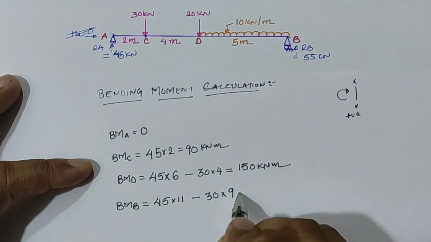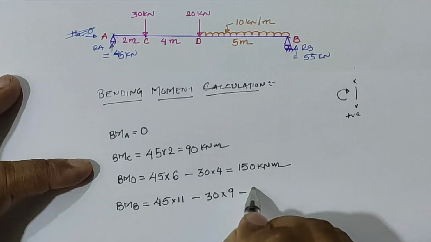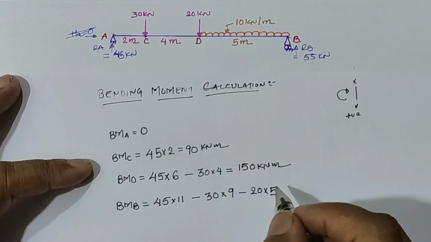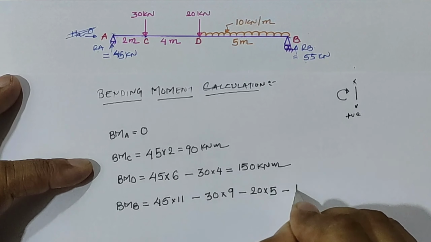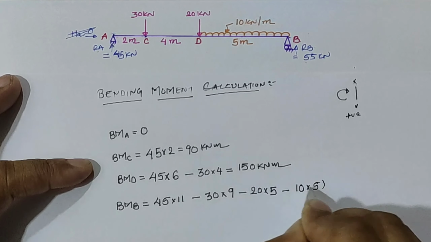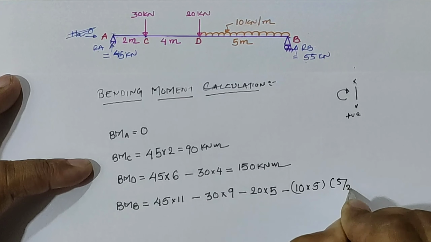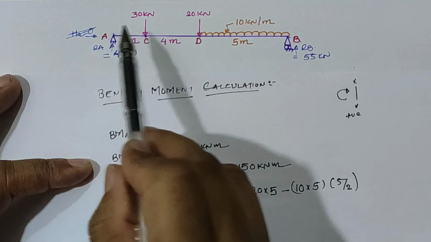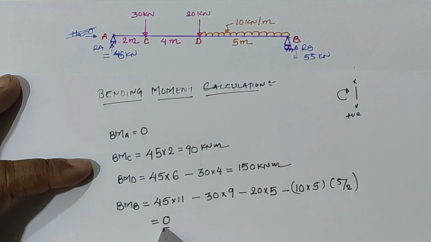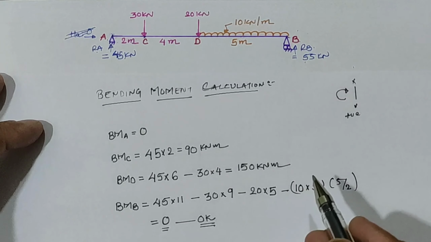For the 20 kilonewton load it is 20 into distance 5, and for the UDL the moment is total load into distance by 2. If we calculate the value, then the answer is 0, and according to the rule, at the left hand and right hand end of the beam our value must be 0. It means our value is okay.